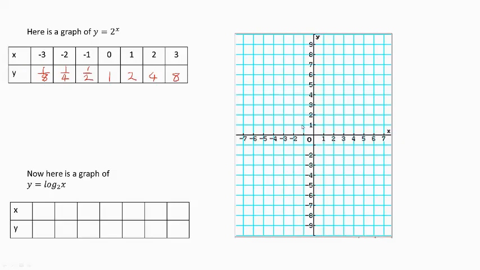Let's try and draw that on our little graph here. When x is minus 3, 1/8. When x is minus 2, 1 quarter. Which is 1 half, 1, 2, 4, and 8. And so the graph that we get is this classic sort of hockey stick shaped graph, and I'm not drawing that particularly accurately.